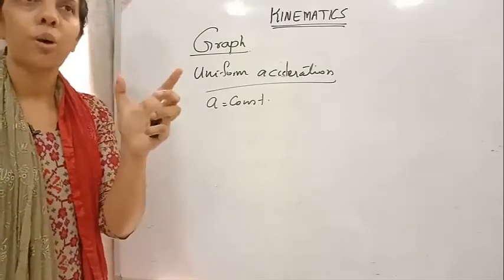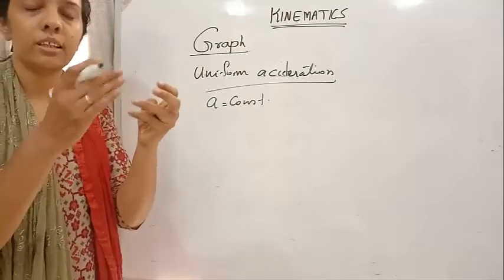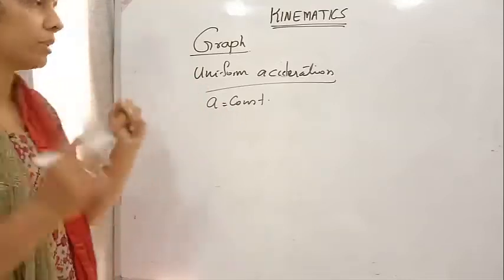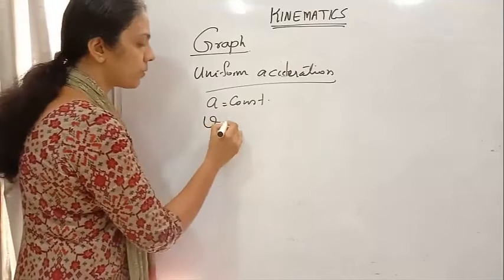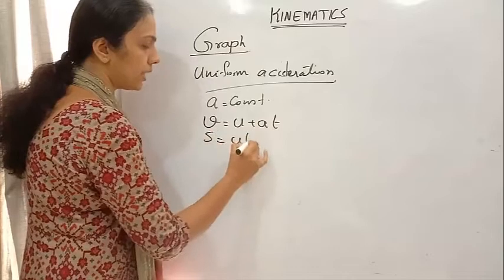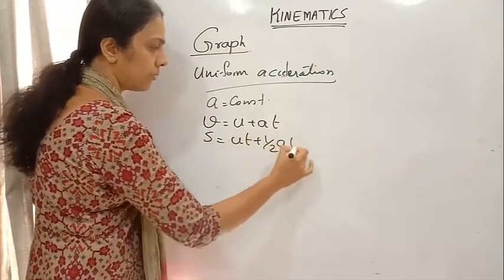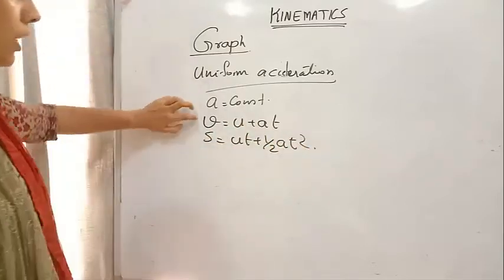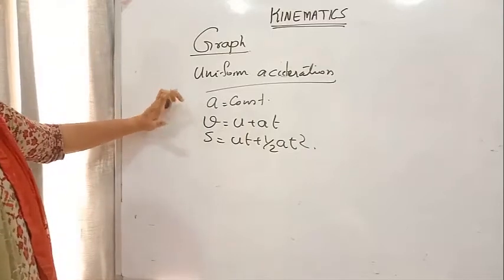Because only under uniform acceleration will we use the equations of motion, that is v is equal to u plus at, s is equal to ut plus half at square. So first I'll consider these two equations because they include v, u, a, everything.